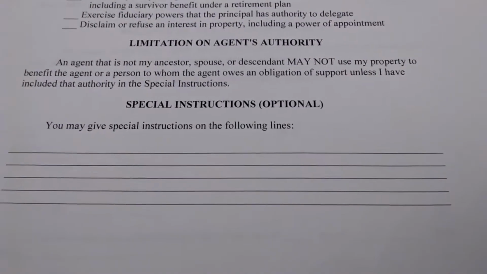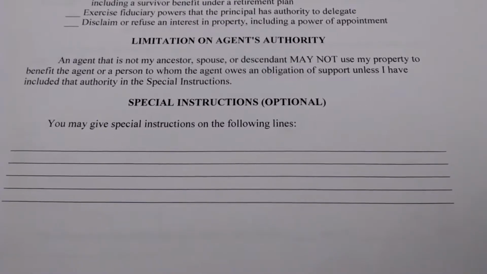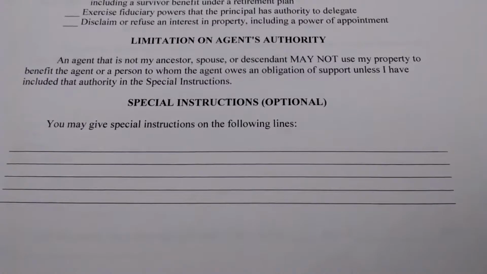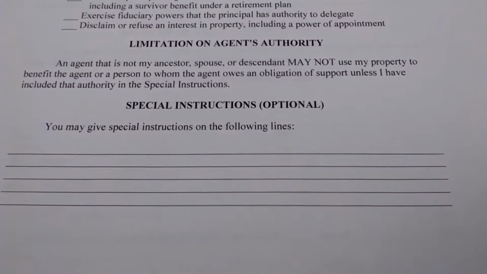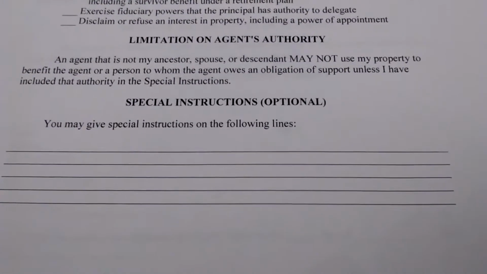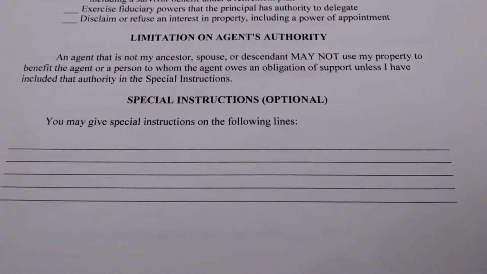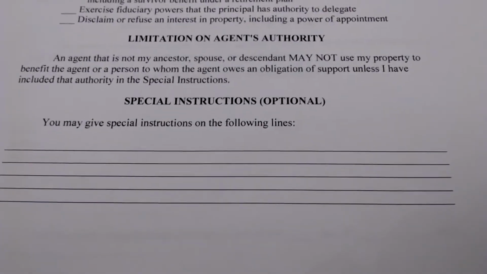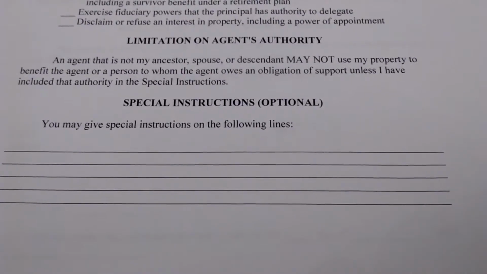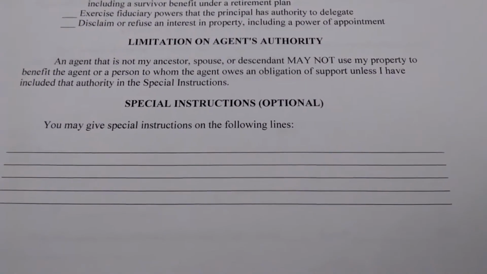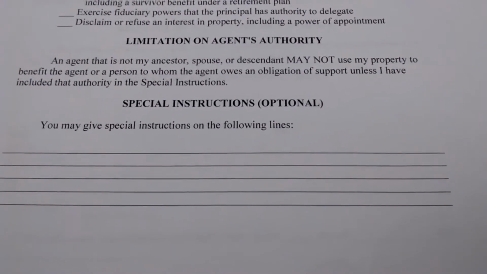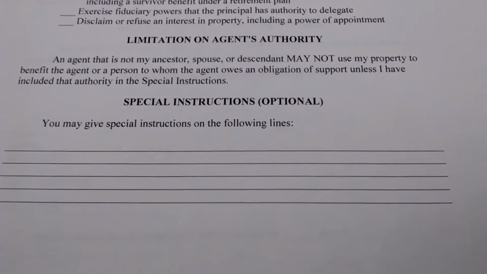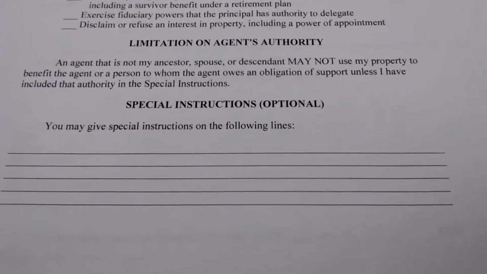By default, the agent will be compensated for services rendered, and you can limit that to merely reimbursement for expenses. Under this power of attorney, co-agents are not required to work together or work in concert, but actually have separate authority to act independently. If you want to force them to work together and act in concert, then you would also want to include that in the special instructions.